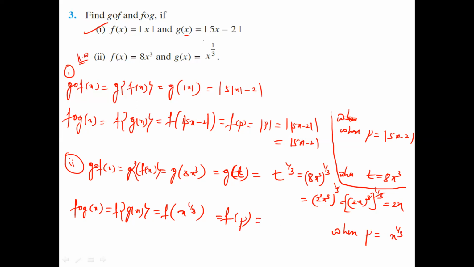Now what is the F of P value? 8P cube. Okay, now 8, what is the P value? P value is, sorry, X to the power 1 by 3. So now this 3 gets cancelled. What is the answer? 8X. So these are the required answers. Please note down.